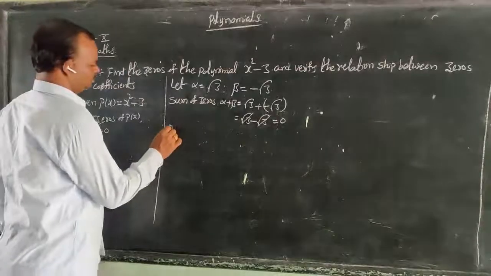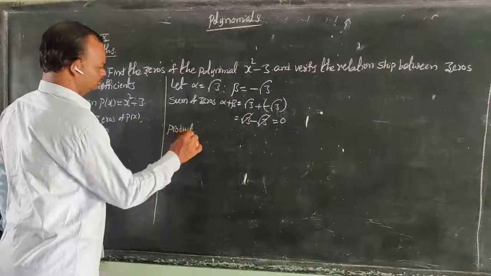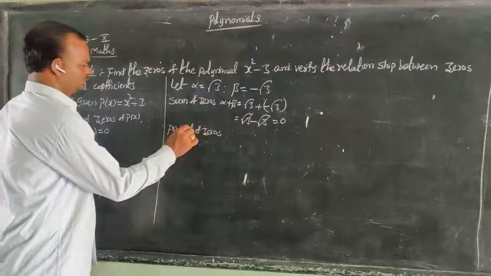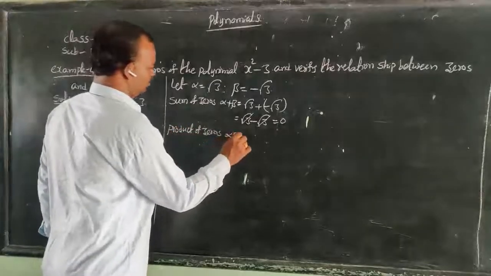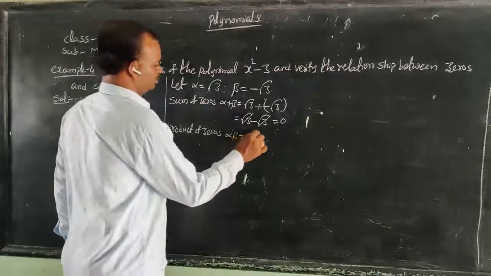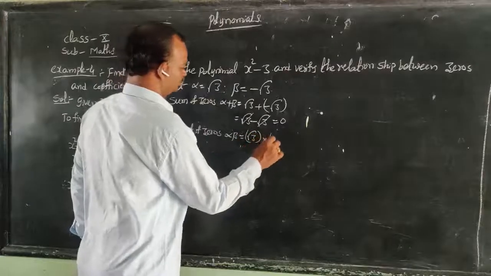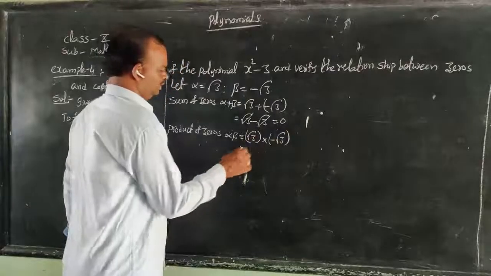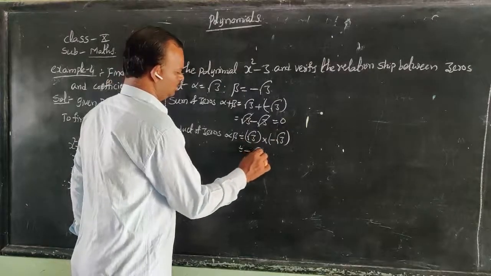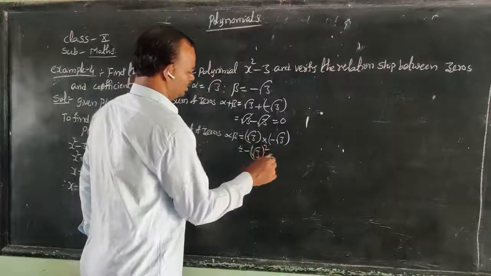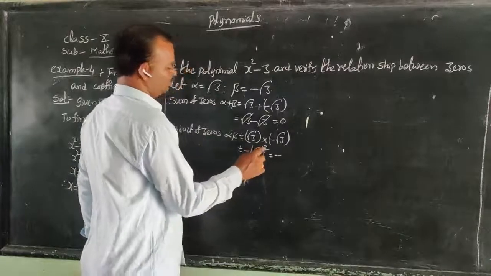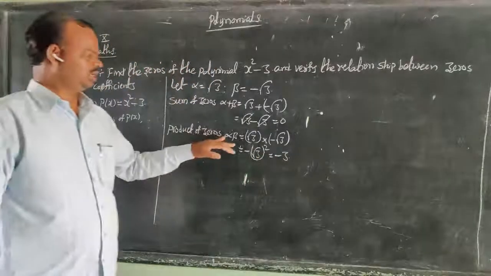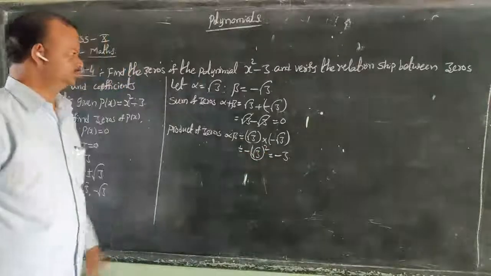And the product of zeros, alpha into beta, is equal to root 3 into minus root 3, that is equal to minus root 3 whole square, that is minus 3. The product of the zeros, alpha into beta, is equal to minus 3.